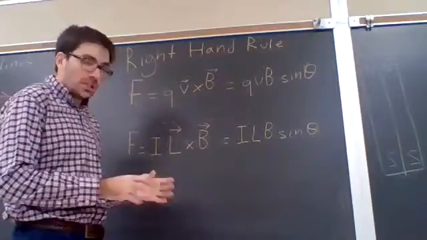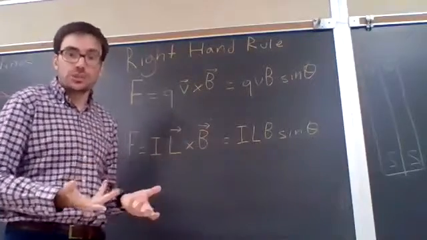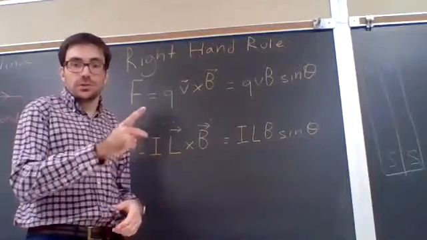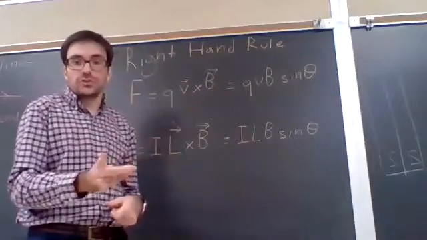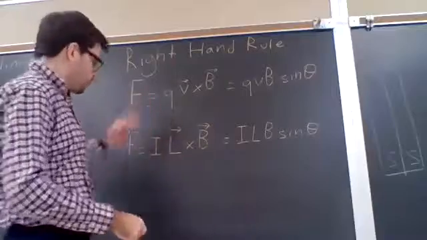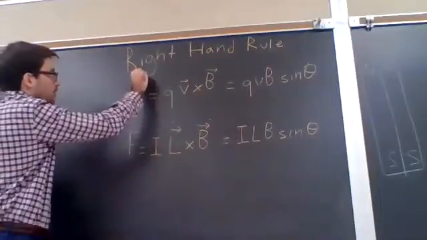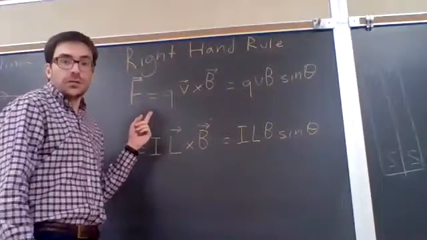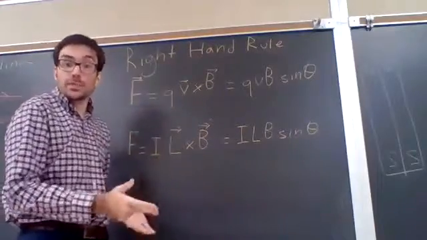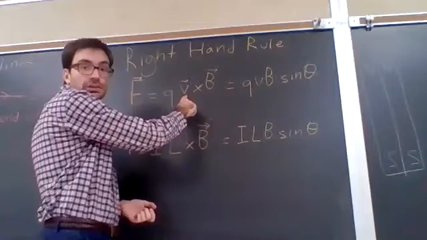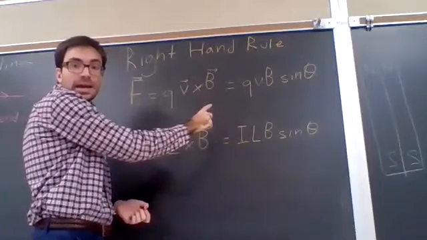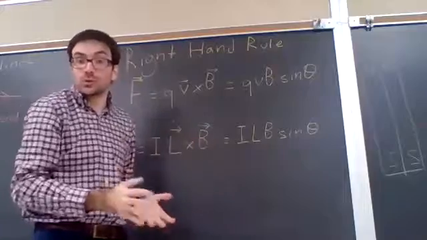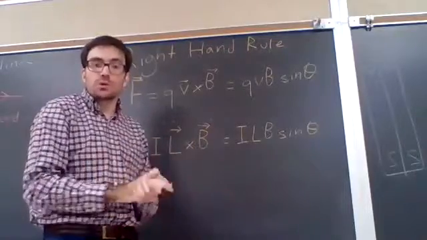It's a little complicated, but generally speaking, this is a force, so I should put a vector sign there because that's also a vector. The force is always going to be perpendicular to both the velocity and the field, and it's going to be strongest when the velocity and the field are at right angles to each other. That's how the cross product works.